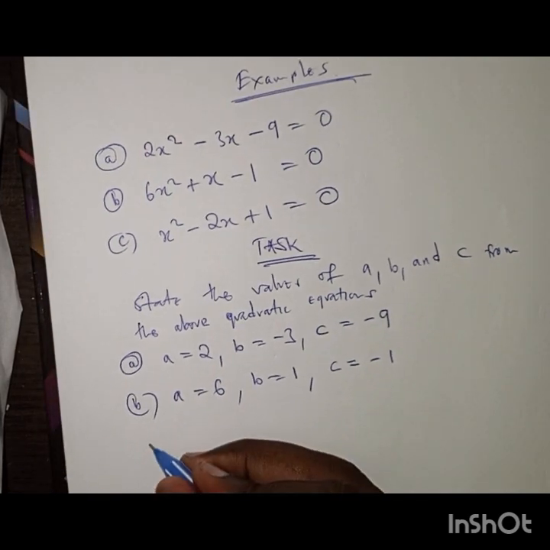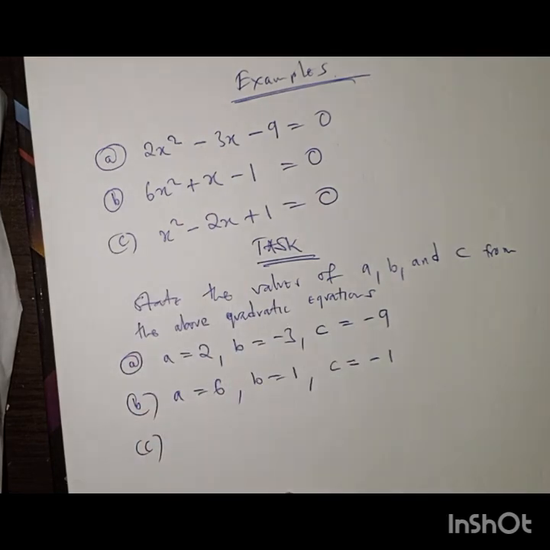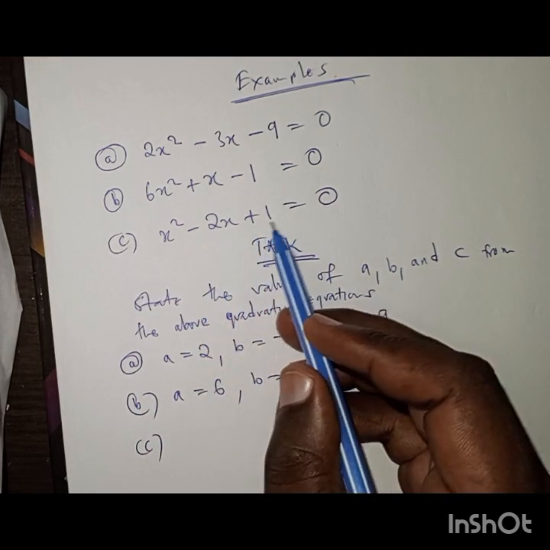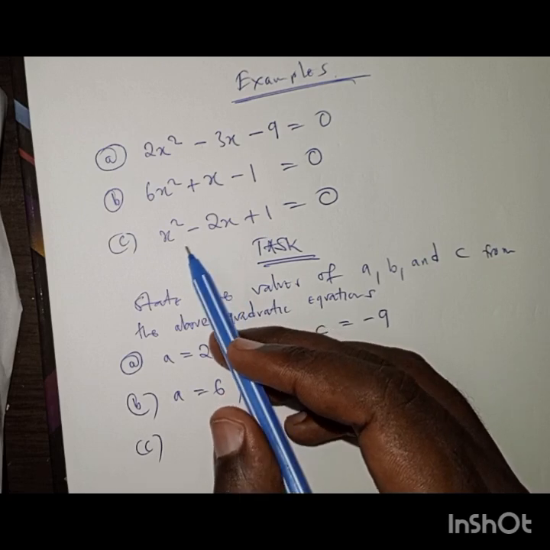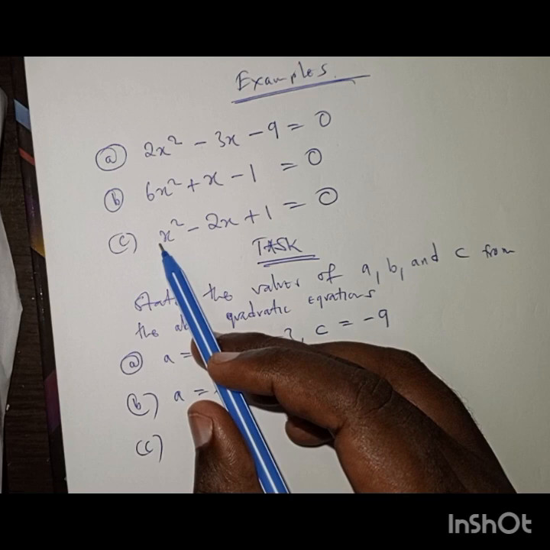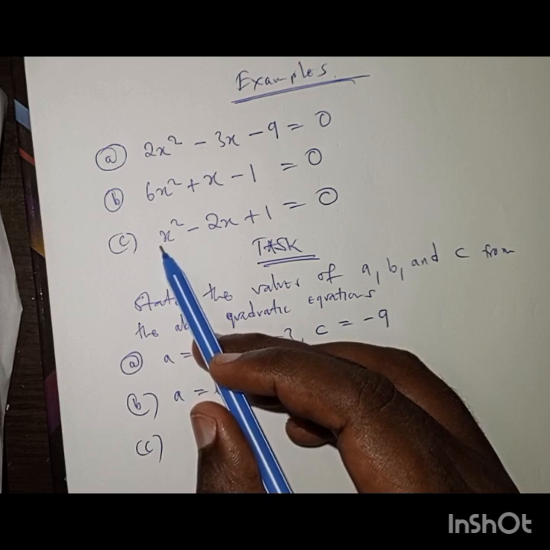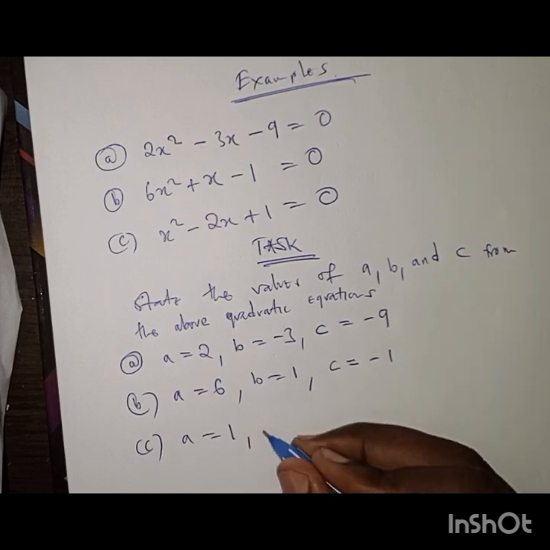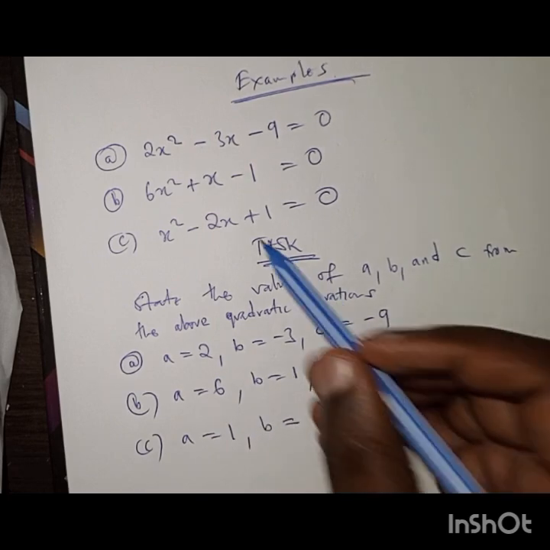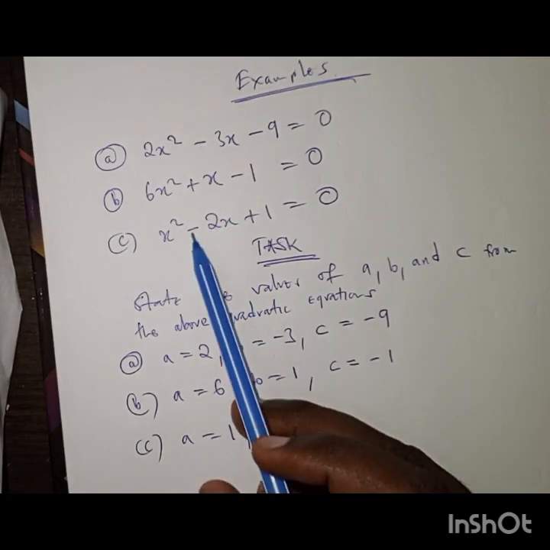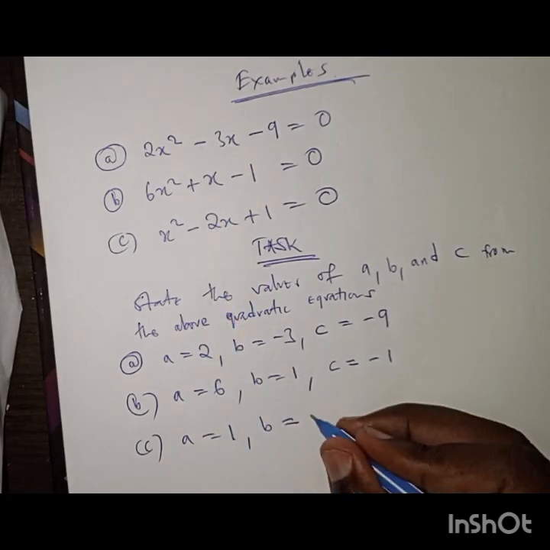Okay, then c, from this equation, see what's the coefficient of x squared? You can see there is nothing there to the front of x squared, so the coefficient is 1. So a is equal to 1. B is equal to coefficient of x. Okay, so there we have 2 and there is a minus there, so it's negative 2.